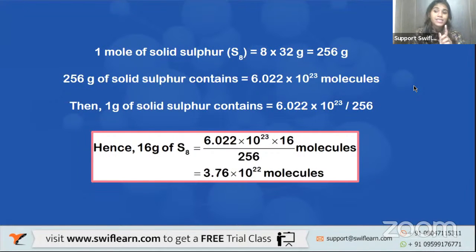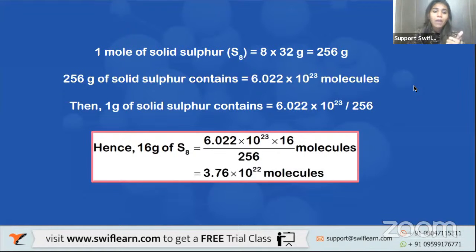But the question is, how much is there in 16? So now you find out the total for 1 gram. First you find out what is the 1 gram of solid sulfur, and then for finding out 16 gram, you just multiply it by 16. Clear?